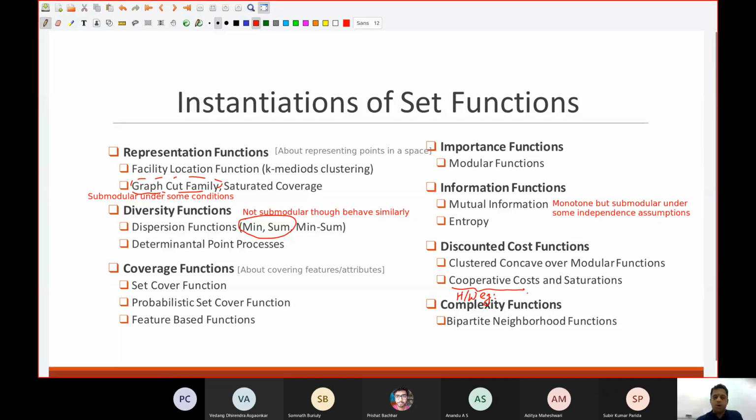Okay, and then neighborhood functions, bipartite functions. We'll see some of these complexity functions. I would like to point out that these are not functions we'll use too much. These are more interesting from a minimization perspective, which we will not deal with in the class.